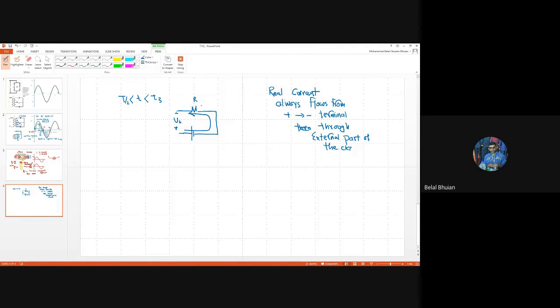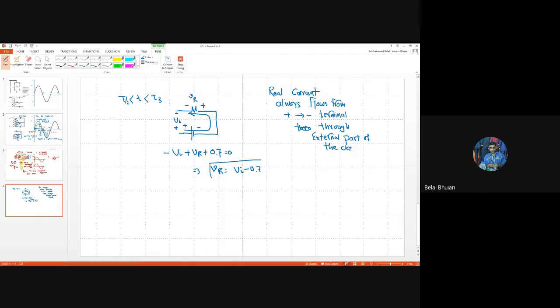Therefore, the voltage drop across the resistor is VR like this. Now, if I apply KVL, we get minus Vi plus VR plus 0.7 equals 0. So that gives us VR is equal to Vi minus 0.7.